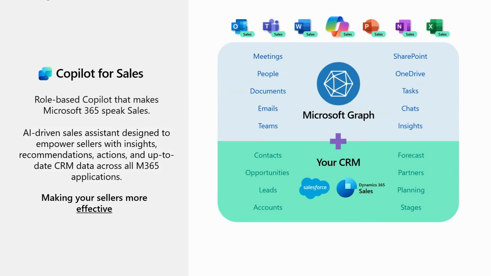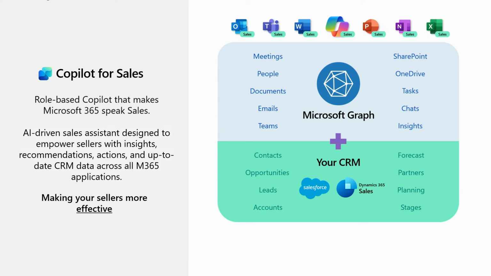Copilot for Sales is a role-based Copilot that enhances M365 Copilot with additional data sources and enables seller-tailored experiences, and in some ways makes M365 Copilot really speak sales. The way that it does that is primarily by pulling in your CRM data, whether that's Salesforce, Dynamics 365, or potentially other CRM systems in the future, along with other sales-specific data sources into M365 Copilot to make it a lot richer.